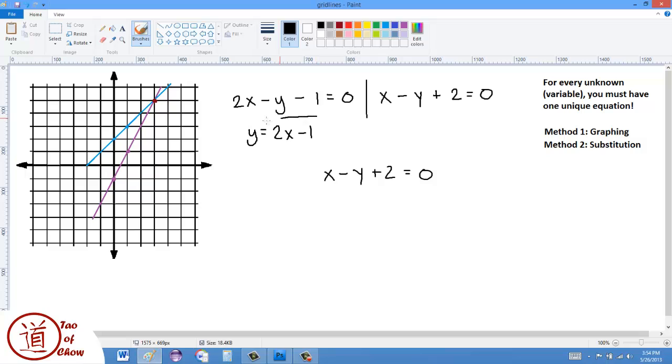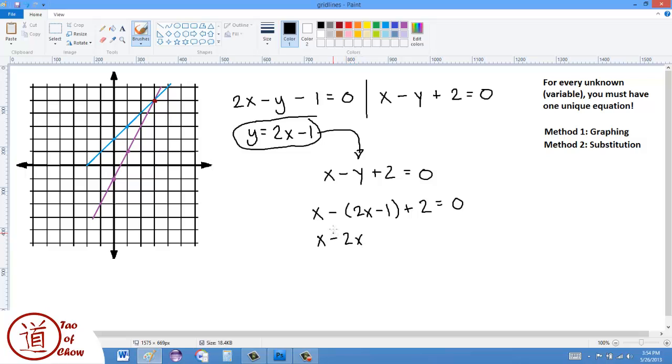But I know what y is from this equation, so I can substitute it in. So I can say x minus (2x minus 1) plus 2 is equal to 0, and this 2x minus 1 comes from here.